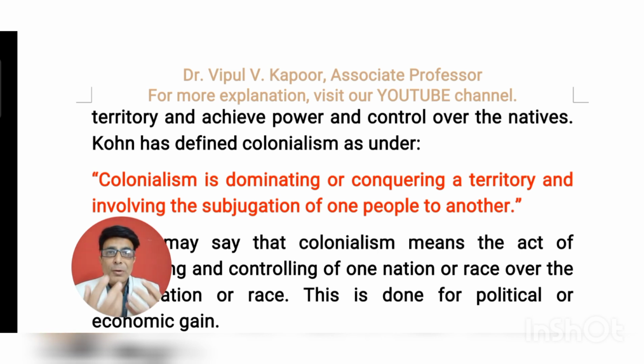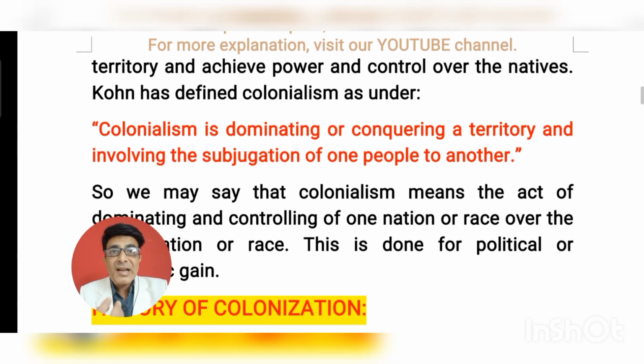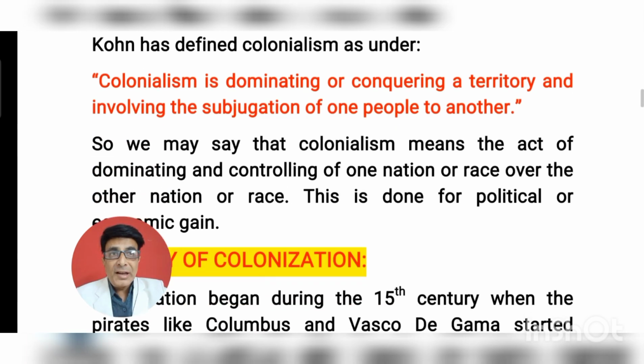So the process of colonialism includes domination of one community. The outsider comes to your place, he dominates you, he commands your government, and then he starts subjugating, dehumanizing or exploiting the people. That is known as colonialism.